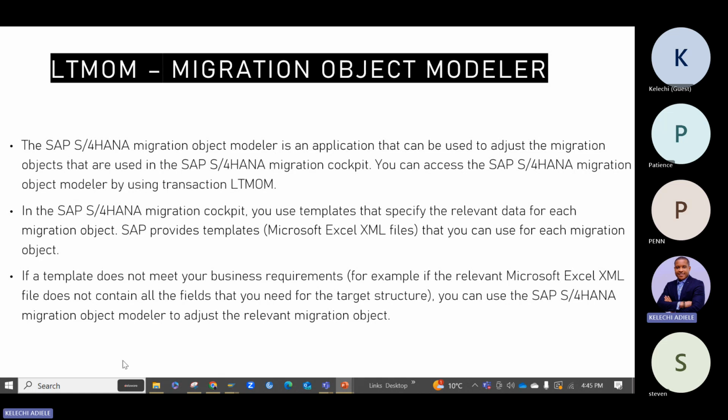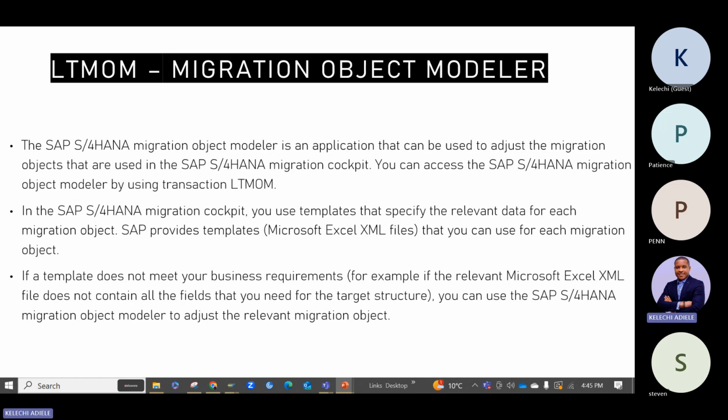For example, the template that you downloaded says a field is mandatory, but according to your business process, that field is not needed for what you want to migrate. So one way you can edit your migration template is through the Migration Object Modeler. It's used to edit, or add more features to, the template that has been delivered by SAP.